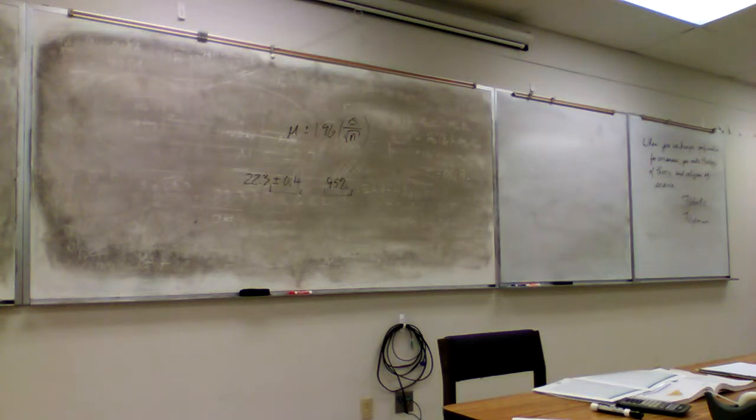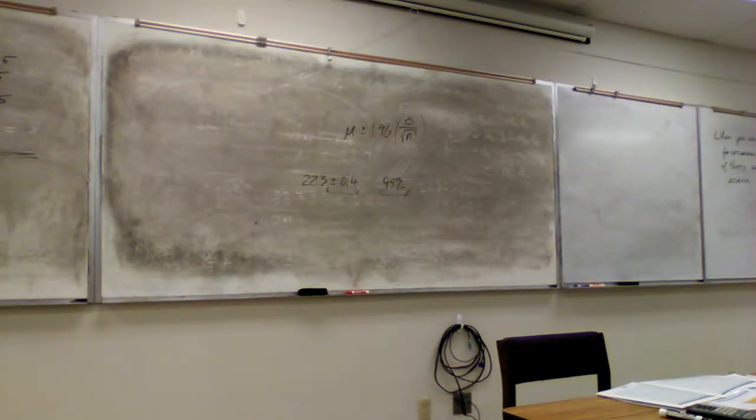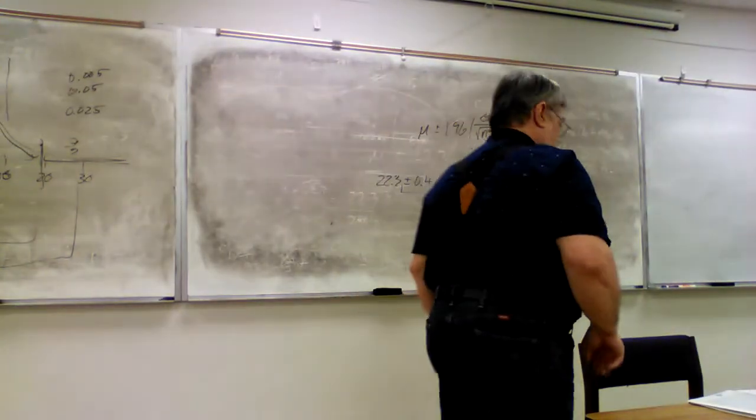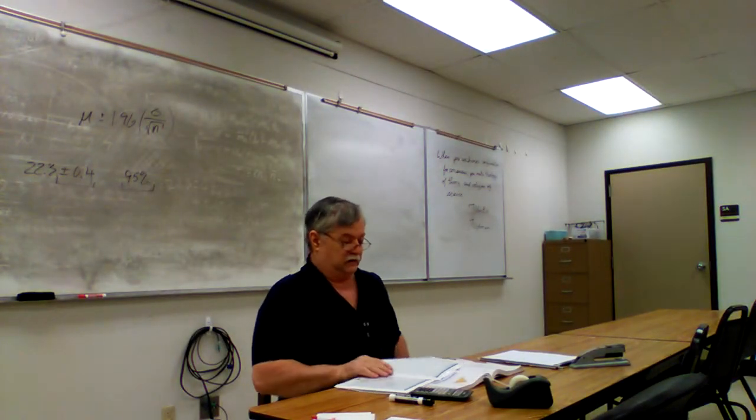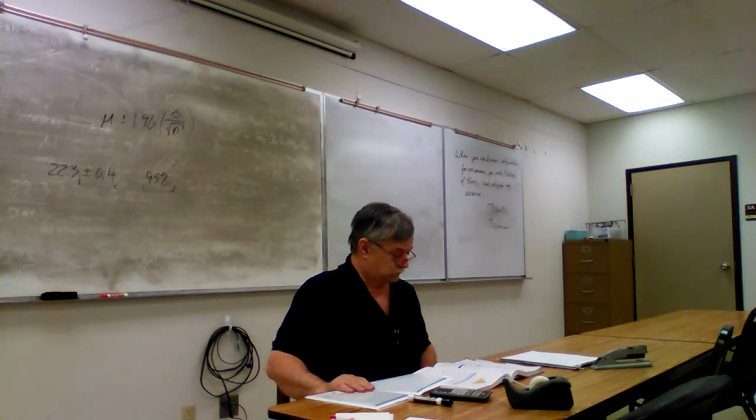Here is our 0.0049. So it's going to be minus 2.58. Minus 2.58 would be Z of alpha over 2 for a 99% confidence interval.